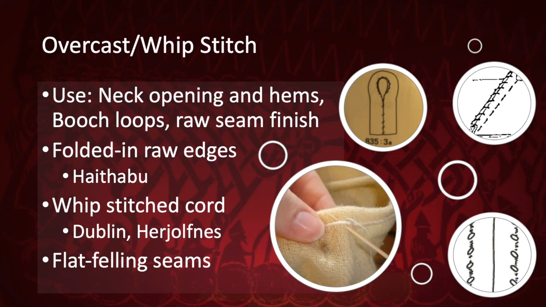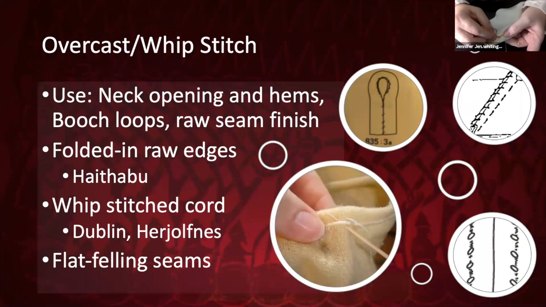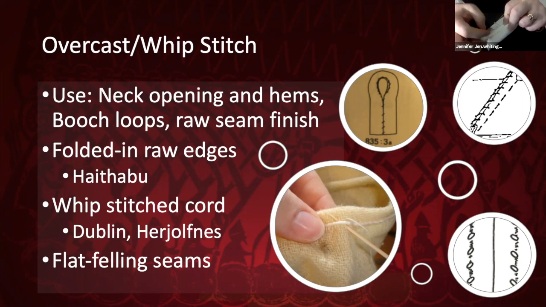I'm going to lay down that piece of yarn, and I don't want a whole lot of stitch showing on the outside, so I'm going to come over first, and I'm going to go through just a little bit of the outside and up through that raw edge of the hem, and it's going to capture this yarn in between it. And if you look out on the back side, these are little tiny stitches.